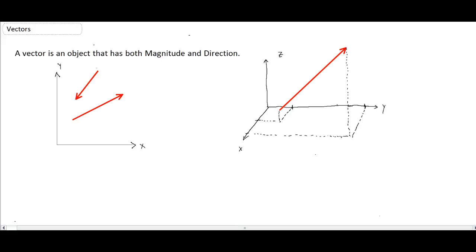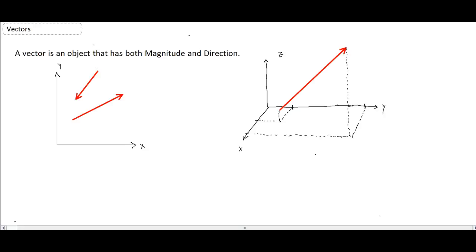I have two vectors in two-dimensional space and also one three-dimensional vector here. In this kind of representation, we simply use the length of the arrow to represent the magnitude of that vector. And of course, the direction of the arrow is the direction of the vector that it represents.